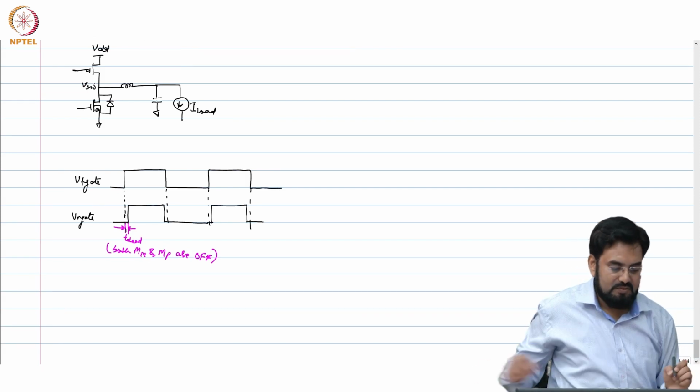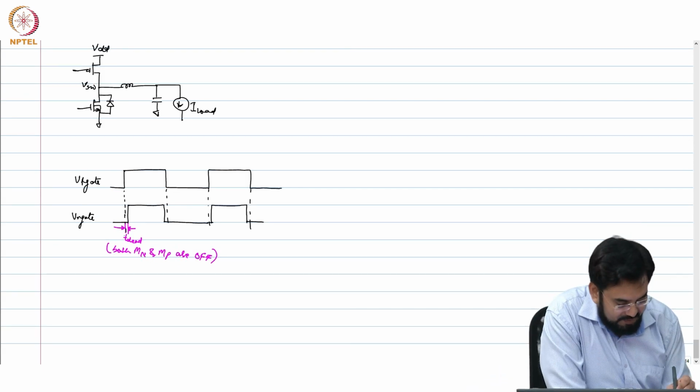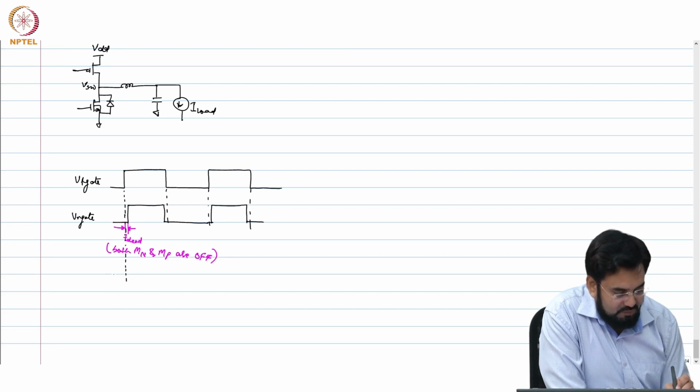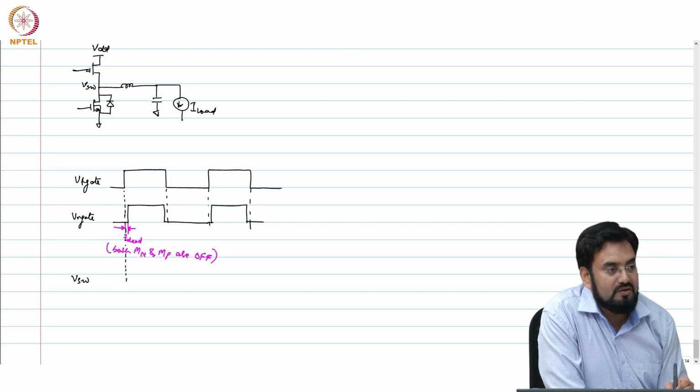So this is VSW. First let's see what would happen to the VSW. So what would be the VSW at this point? If this is VSW, where will it go?